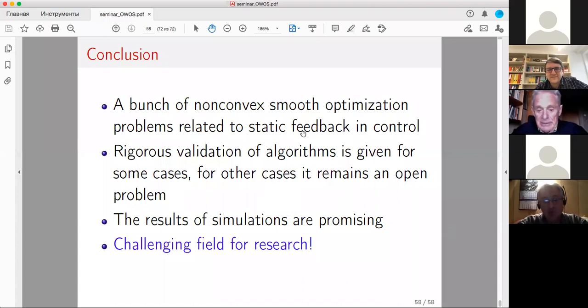And the last thing, it seems to me that it's a challenging new field for research. And actually, it's a very active field of research now, but not in the optimization community, I would say, but in a community of people from control, from machine learning, and so on. And partially my goal was to attract the interest of the optimization community to this sort of problems. Okay, thank you, that's all.